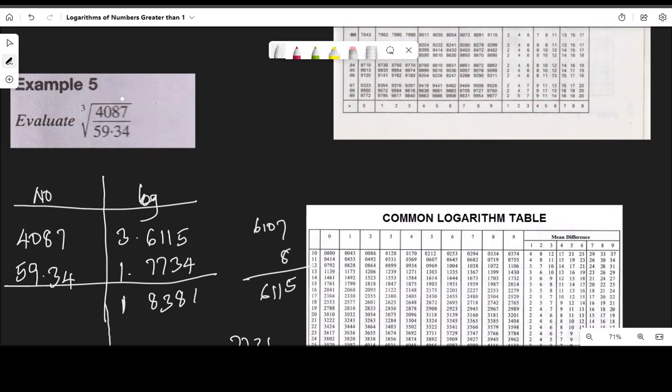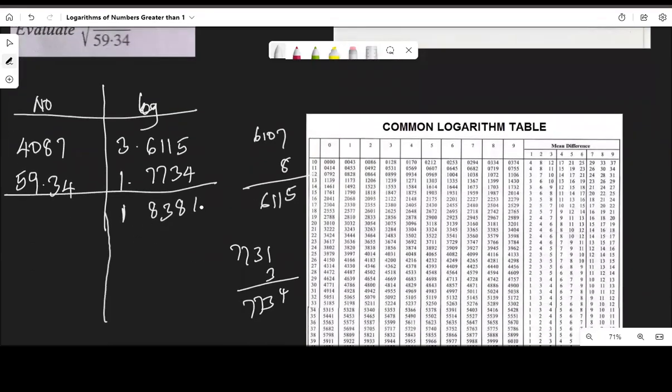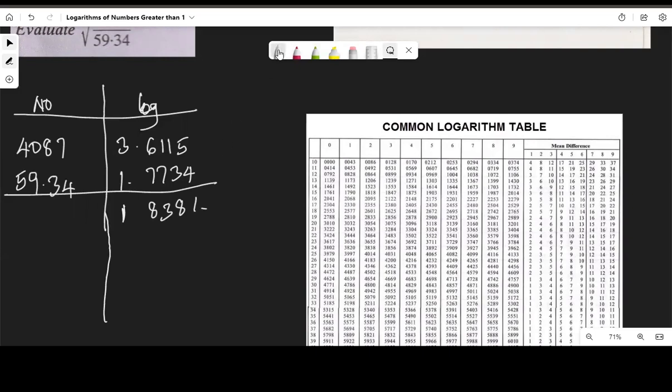And because of this cube root here, we are going to divide this logarithm by 3. So divided by 3. Divide by 3, so that the cube root of 4087 all over 59.34, the cube root of it.